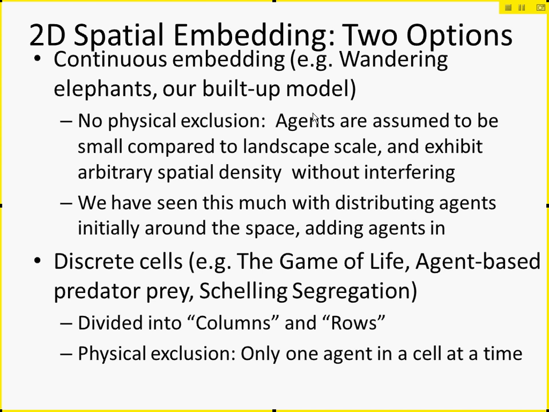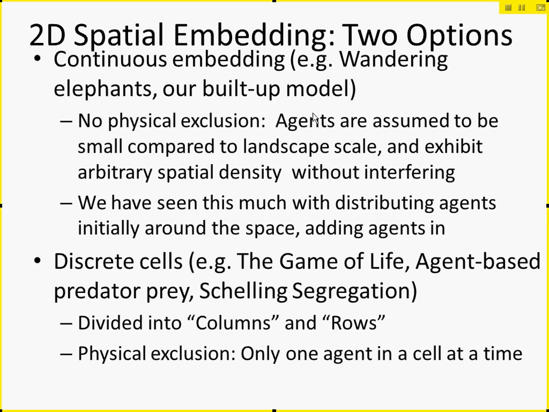Now, the continuous embedding is notable not only for the fact that agents can be real distances, real numbers in terms of units apart from each other, but there's no sense of physical exclusion. The idea is that we're observing the landscape at such a high level that we don't have to worry about the presence of one agent excluding the presence of another. So the agents are assumed to be small compared to the landscape, and they can pass arbitrarily closely.